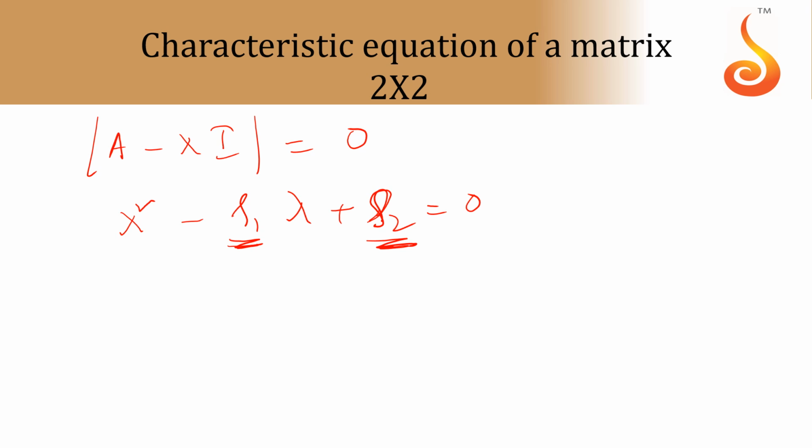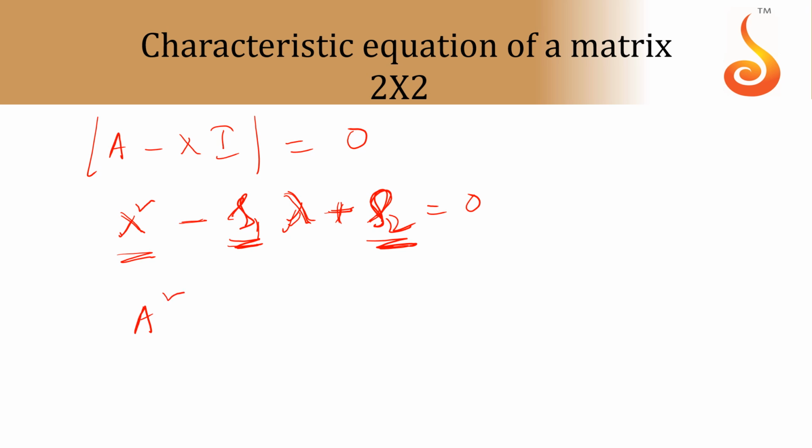Similarly, one more thing I want to tell you here. In the characteristic equation, lambda is a scalar, but if in place of lambda you substitute A, that equation will be satisfied.